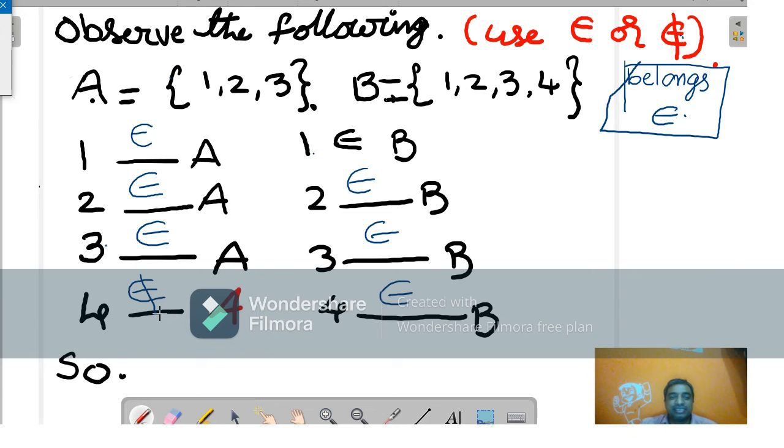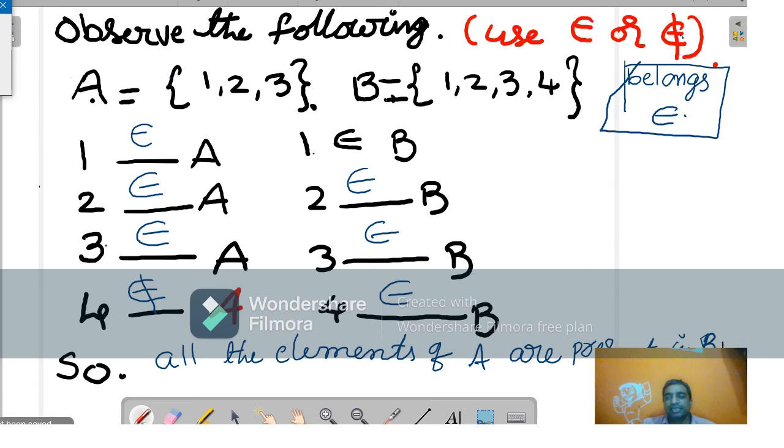So except 4, all the elements of A are present in B. 1, 2, 3 are there in A and 1, 2, 3 are there in B. It means all the elements of A are present in B. This we can say.